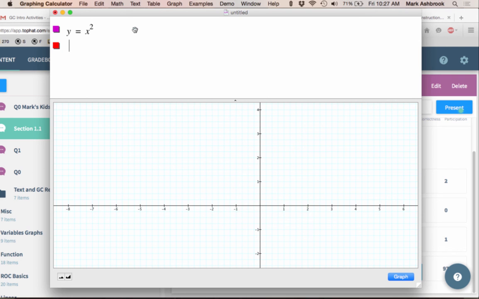But it also does just simple calculations. Besides the graphs, you can just come in here and say 3 plus 5.62. And it shows you the answer. And as you change that expression, it updates automatically.